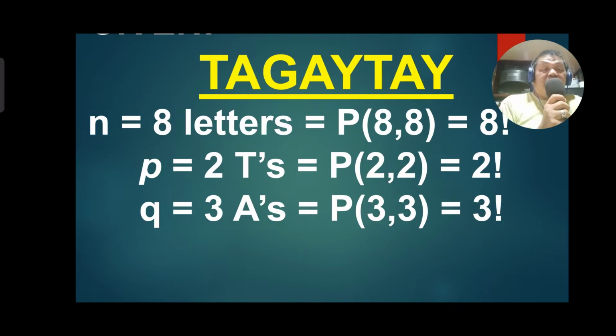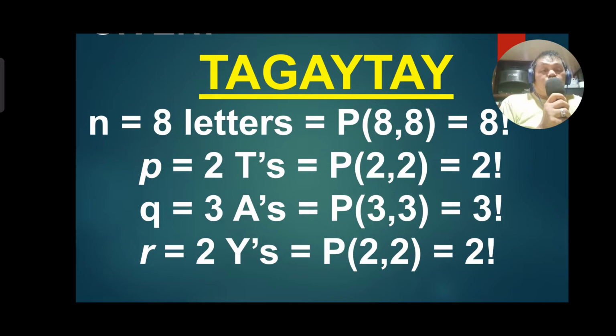And next, an alike letter, we have Y, that would be our r. How many Y's? There are 1, 2 Y's, and that would be the permutation of 2 Y's taken 2 at a time, equal to 2 factorial.